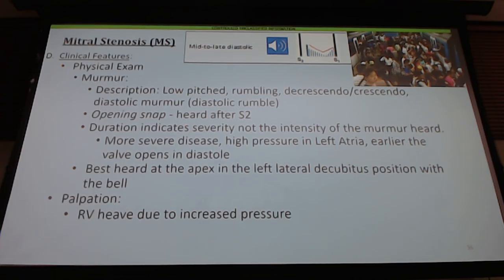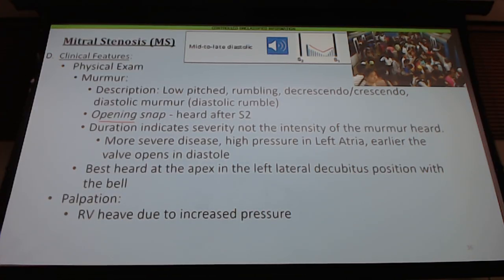Okay. And typically, you also may appreciate an opening snap with this, because again, that resistance to opening because of the stenosis, you have to exert higher pressure, higher pressure, higher pressure, then all of a sudden you exceed that pressure to open that valve, and it's going to quickly swing open. And so you get that snap kind of sound and then murmur.